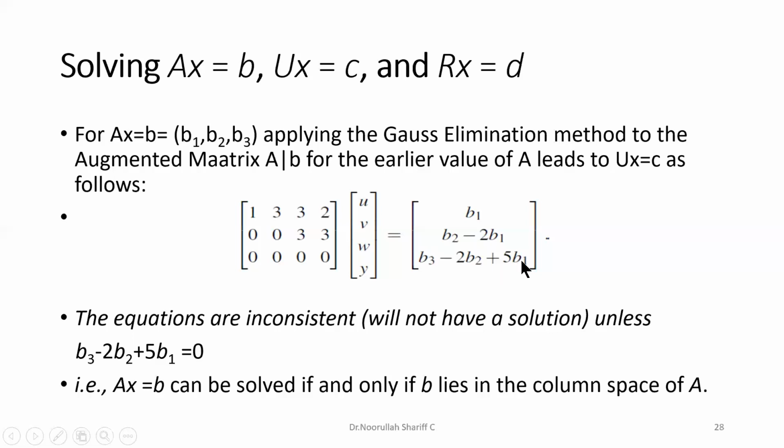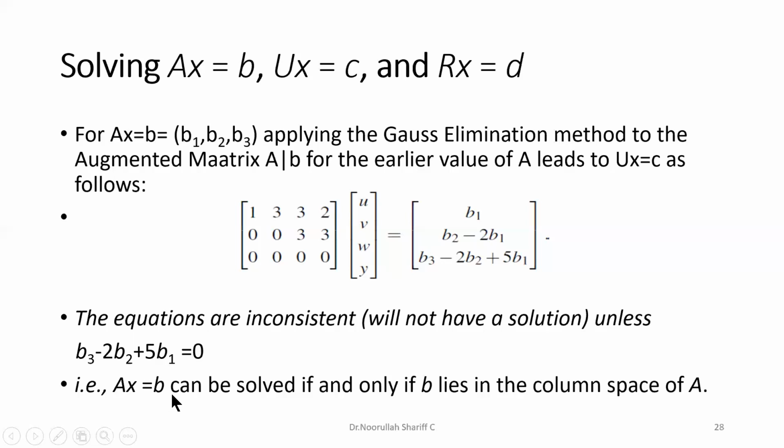Otherwise, if this is not equal to 0, then the set of equations here will become inconsistent. Whatever you are given, the set of equations corresponding to AX equal to B will become inconsistent if this condition equal to 0 is not satisfied.